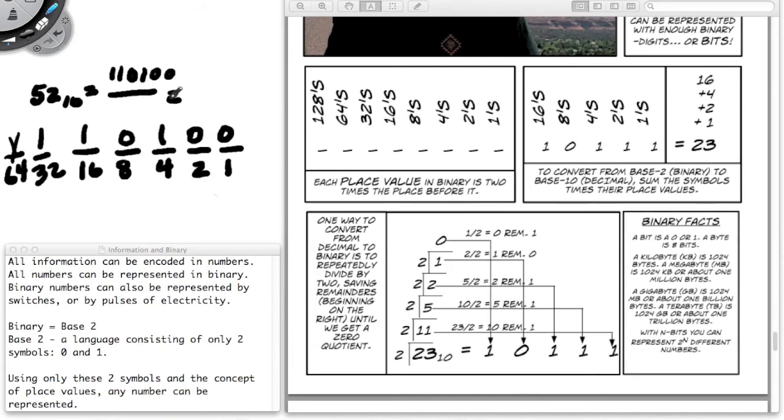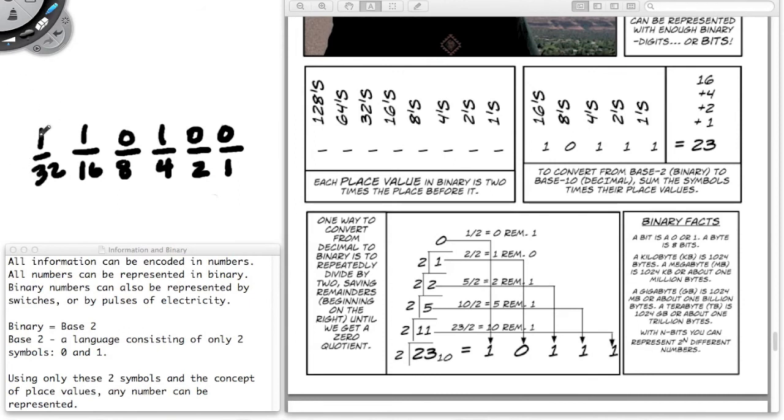So now every number can be represented as a series of 1s and 0s. What does that really lead us to think about? Let's take this number here that we have, 52, and I'll get rid of this place value that we don't need.